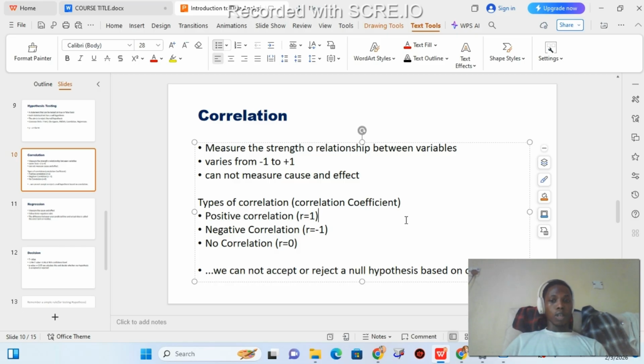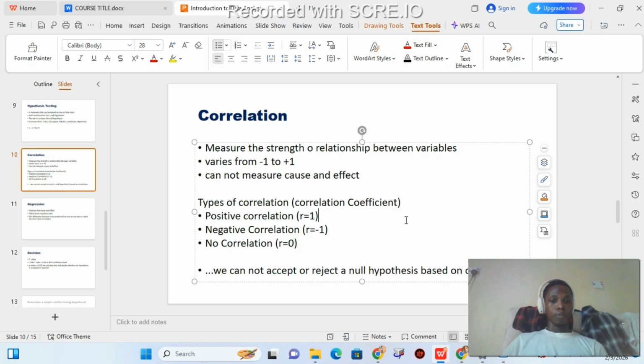The types of correlation: a correlation can be positive, it can be negative, and it can be no correlation. If we use correlation as a metric in our analysis and we're trying to check for a correlation between two or more variables, the result we get, we call it a correlation coefficient.